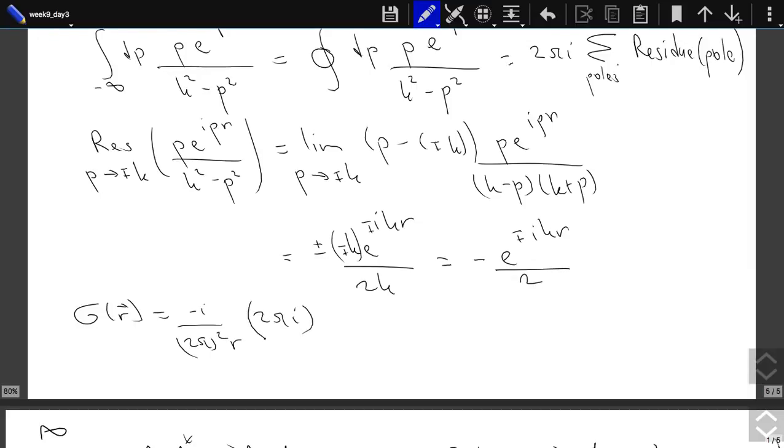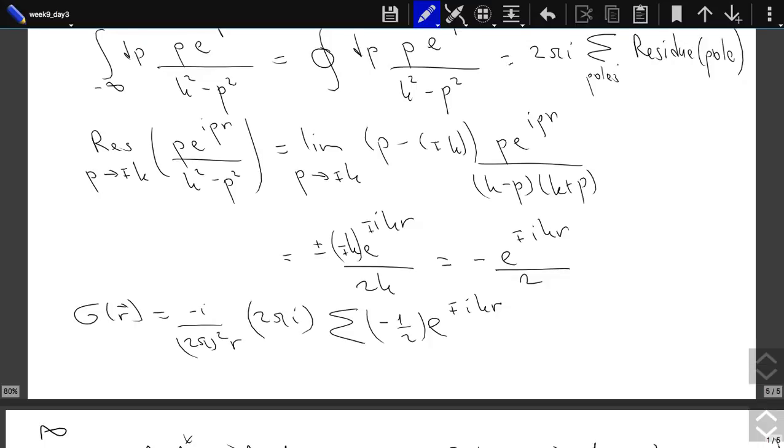And then the sum of the residues just gives me whichever pole I want: minus 1 over 2 e to the power plus or minus i k r. I can take both of them, or only one of them, whichever one I want, because both of those terms are solutions of the differential equation that I'm looking for.